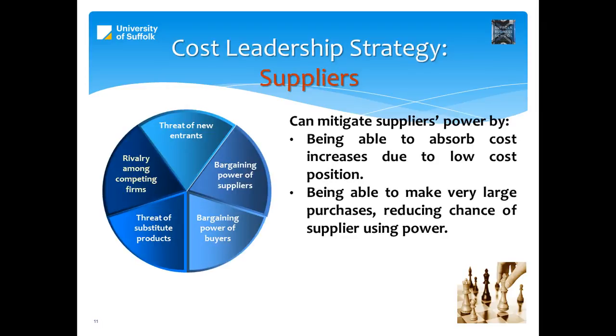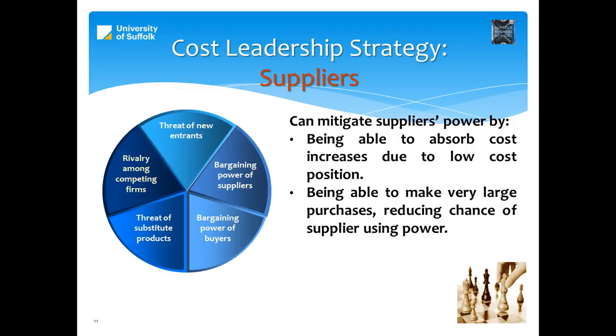If we move across to the suppliers, and think about the bargaining power these suppliers have, you can mitigate the suppliers' power by being able to absorb cost increases due to a low cost position. What is really important is that your suppliers don't hold you to ransom, so you have a way where you can absorb cost increases.